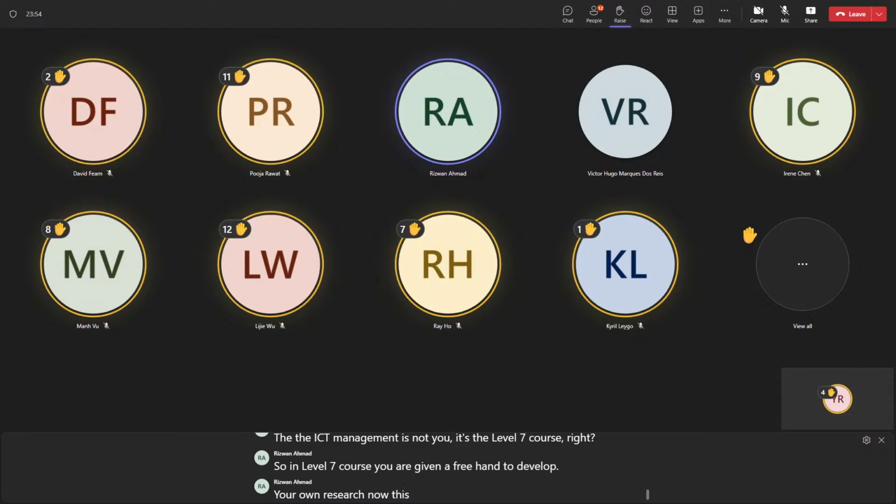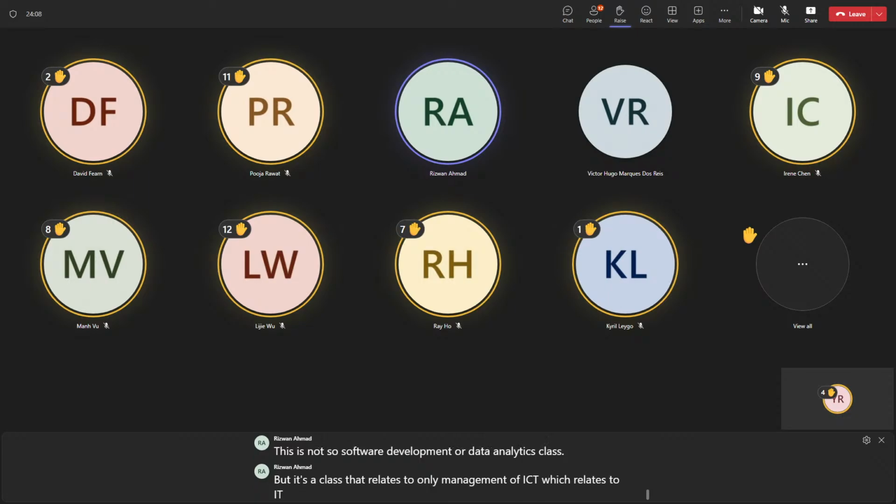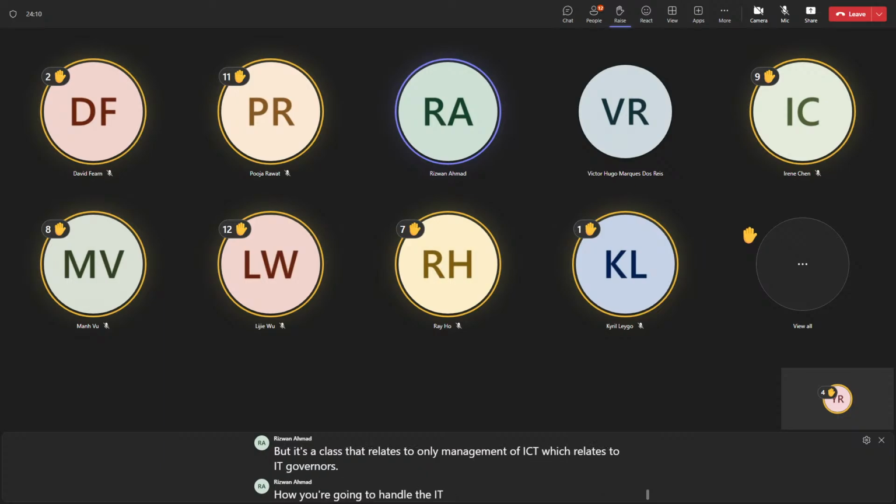This is not a software development or data analytics class, but a class that relates only to management of ICT, which relates to IT governance, how you're going to handle the IT within the company.